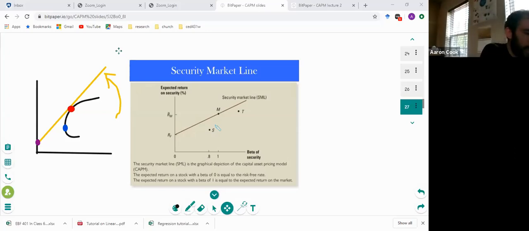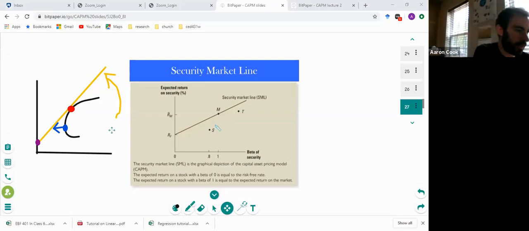And so if we can have any combination of risk and return between the purple dot and the red dot, we're always going to be better off choosing something on the yellow line rather than a single portfolio on the blue dot, because this blue dot has a particular level of return, but we can achieve that exact same level of return.